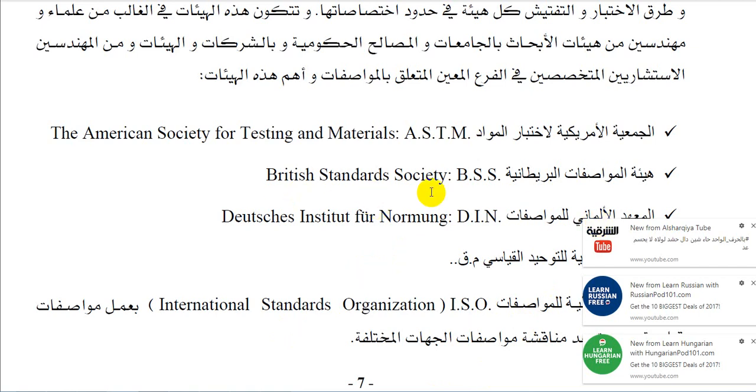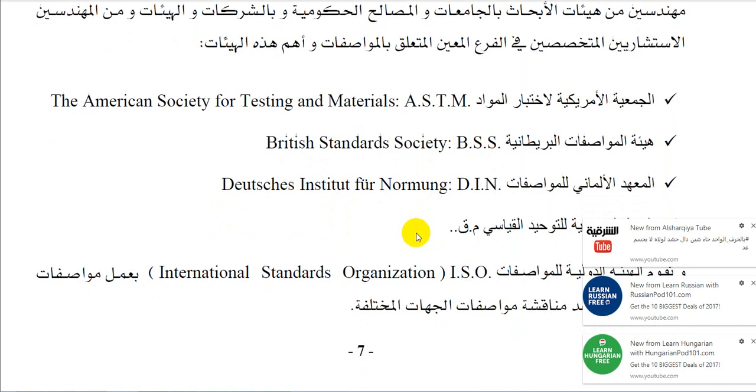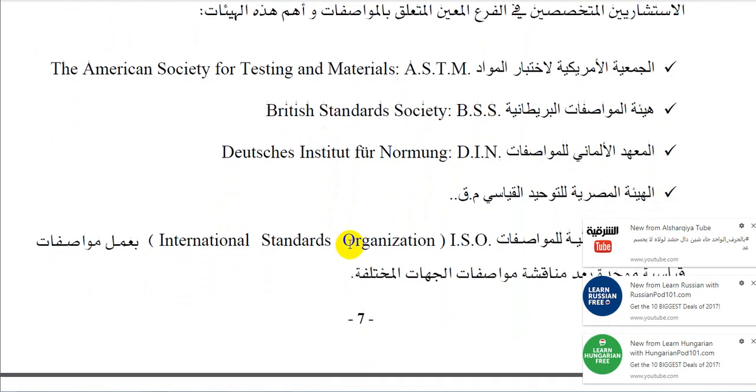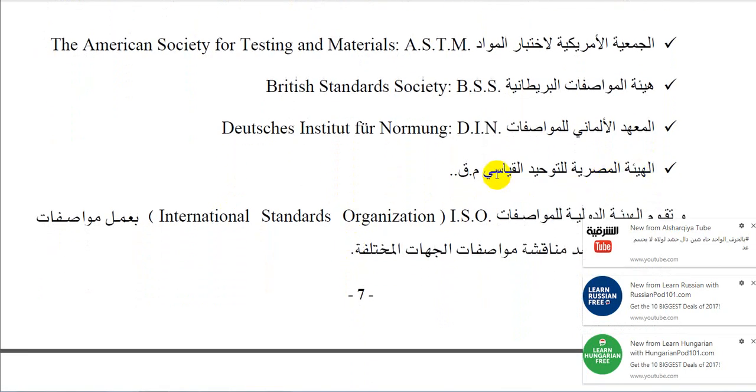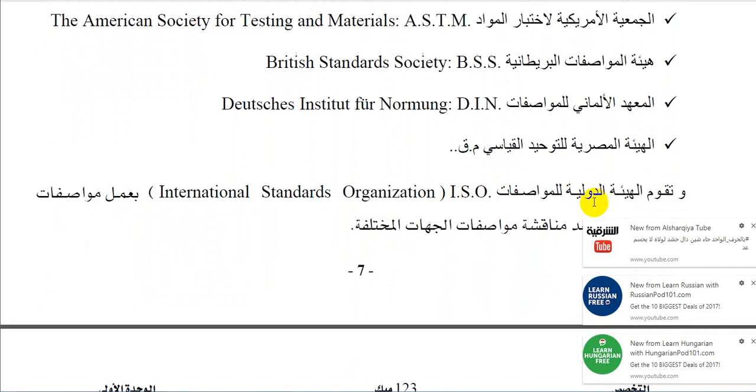British Standard Society BSS, Deutsche Institute for Normung, the German Institute of Specifications, the Egyptian Assembly of Standard Unifications, and the International Standard Organization.